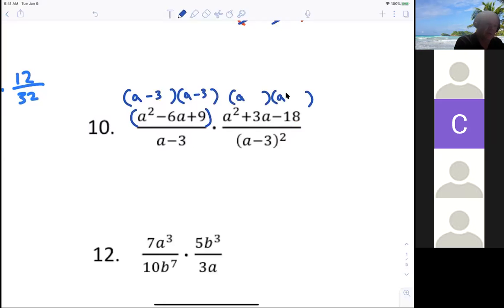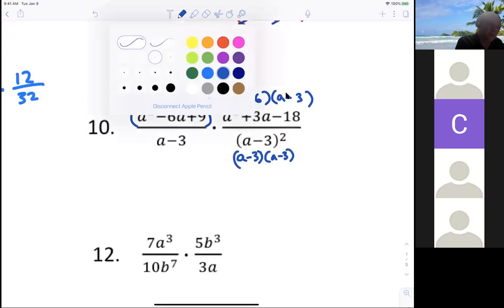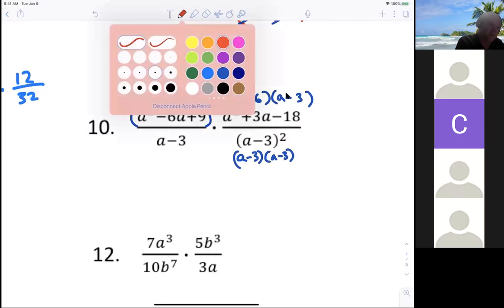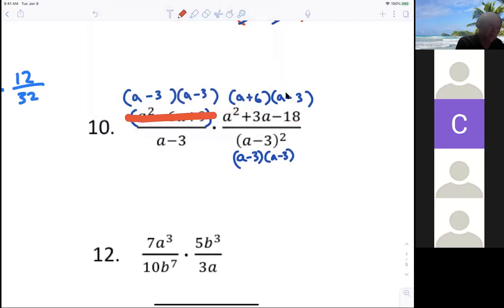Factors of 18 that make 3: 6 and 3, positive 6, negative 3. All right, and then again, don't forget, a minus 3 squared is the same as a minus 3 times a minus 3. Now again, what I want to do is, think about it, these are not interfering anymore.